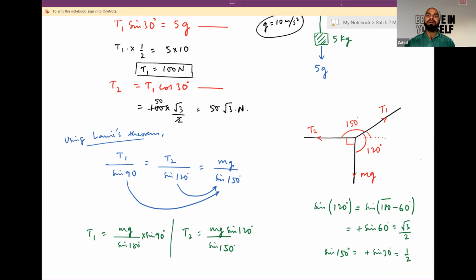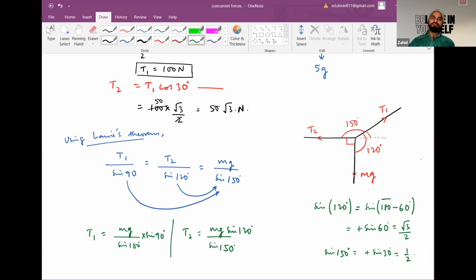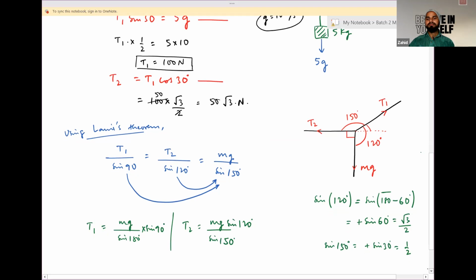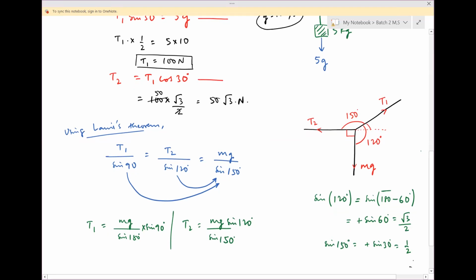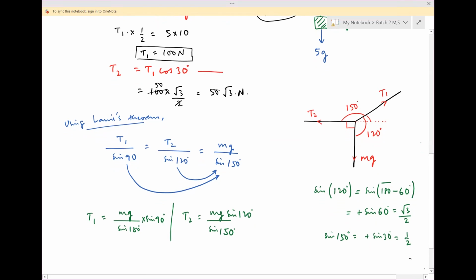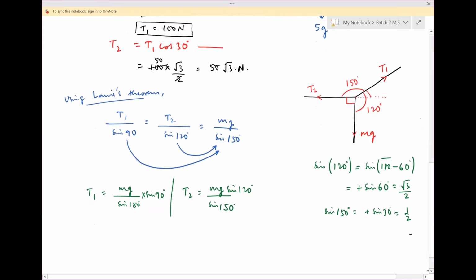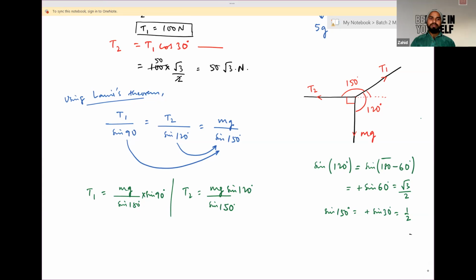Just write it down. Done, sir. Arslan, do you have any doubt? No, sir. Okay. Mariam, you got the same result as above for T1 and T2? Sir, I'm solving. Okay.